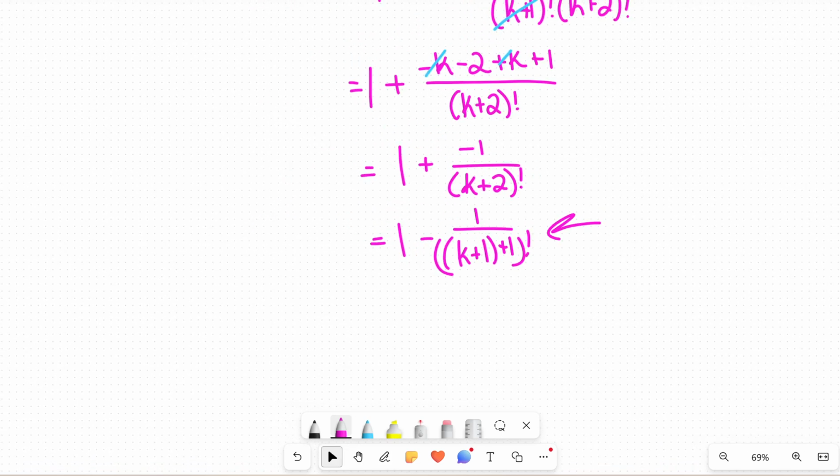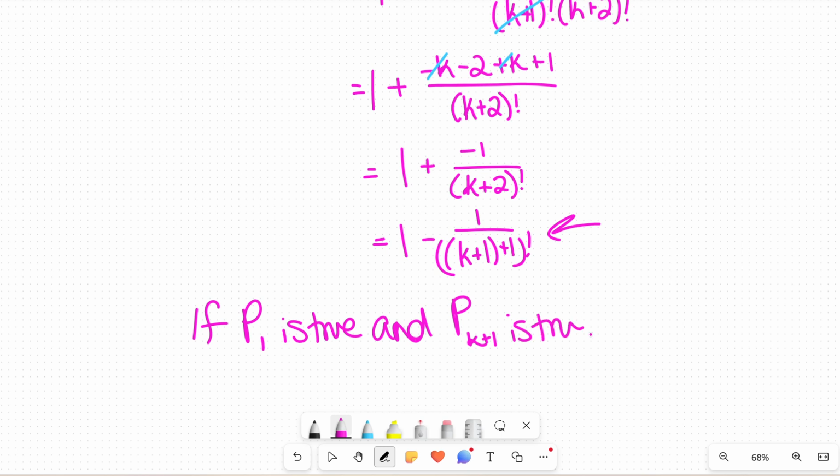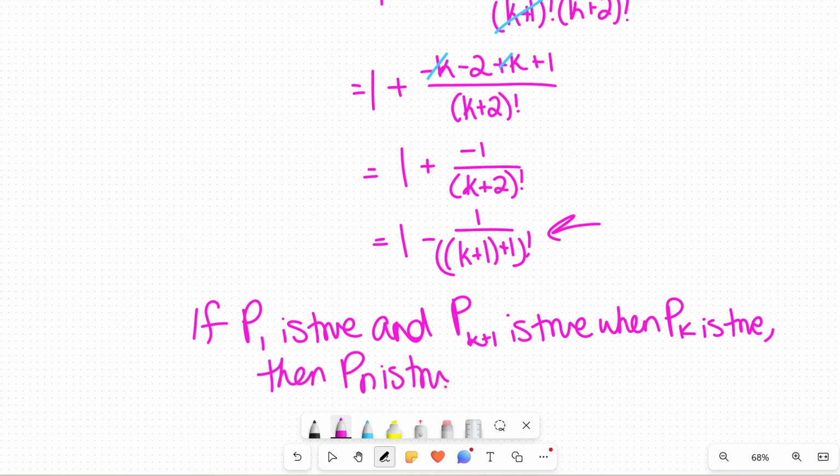Now I'm not finished. We need to write our final closing statement. So we can say if P of 1 is true and P of K plus 1 is true when P of K is true, then P of n is true for some integer n where n is greater than or equal to 1.